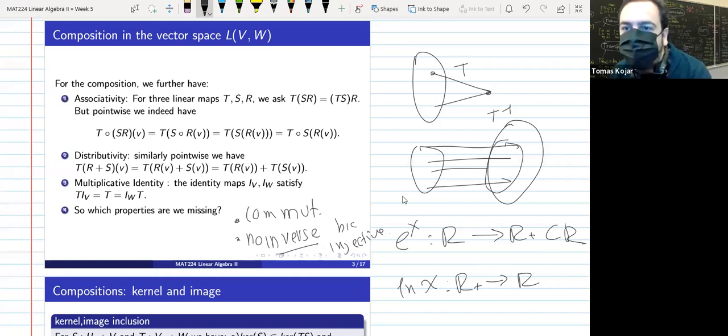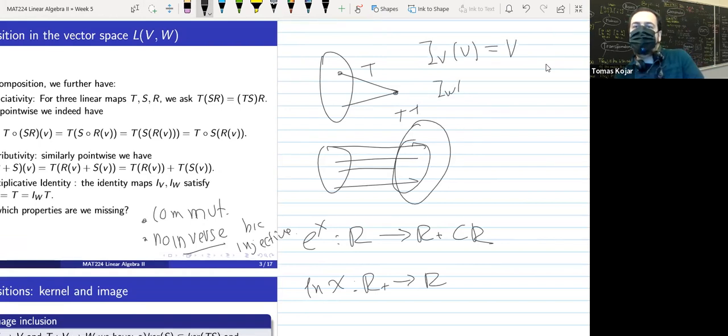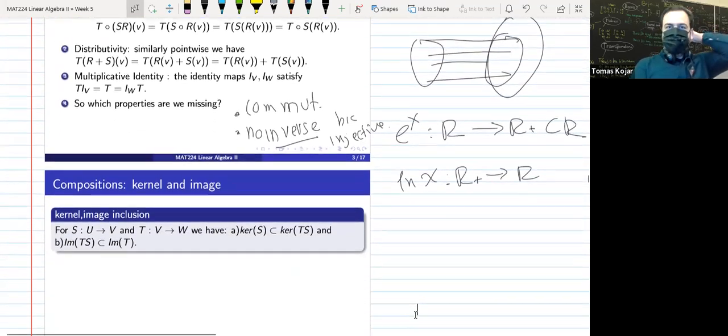What exactly are the identity maps? You just need one-to-one. The identity maps: you take a V and it gives you back V. You take a W and it gives you back W. All right, fine.